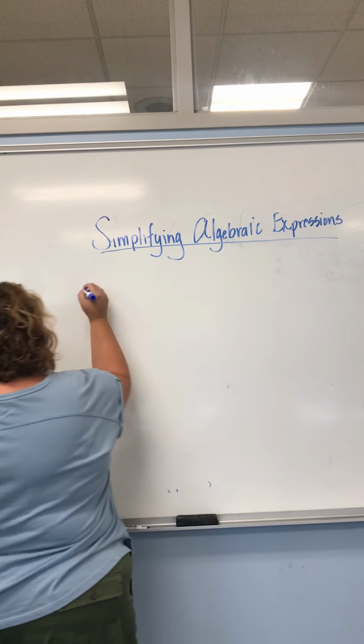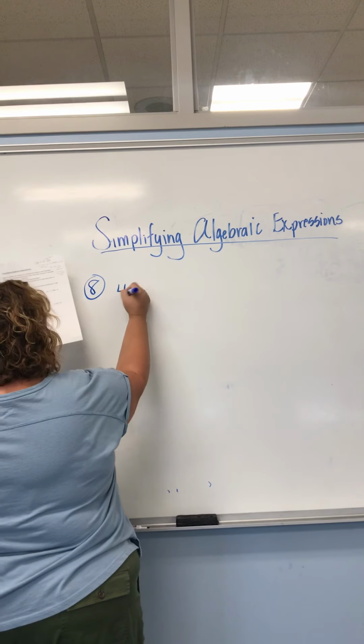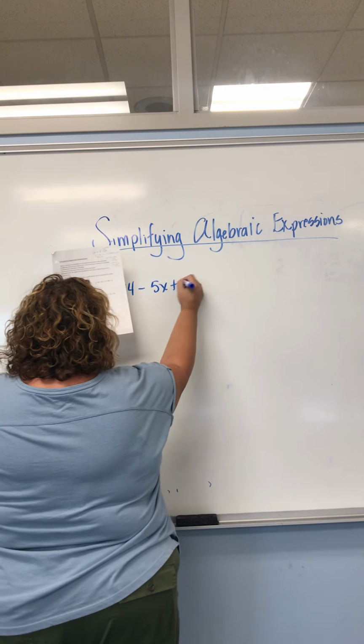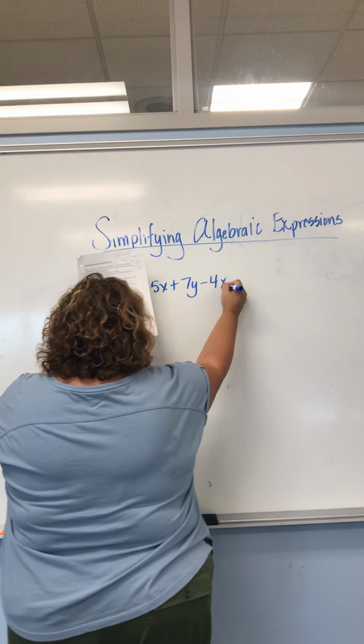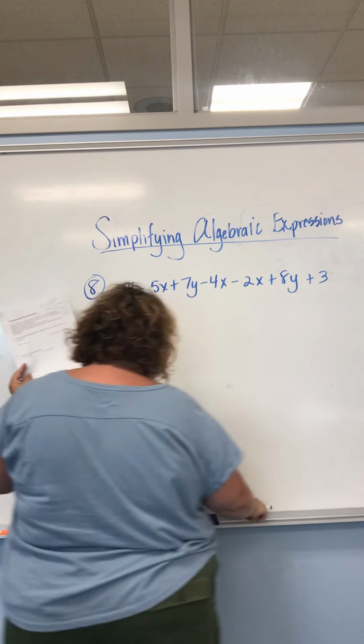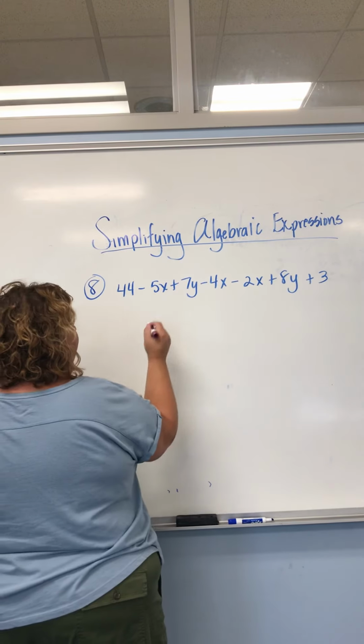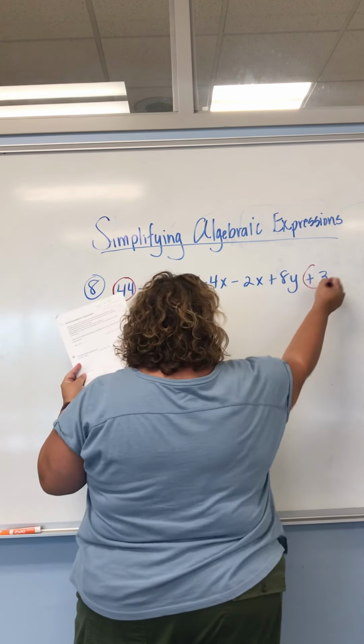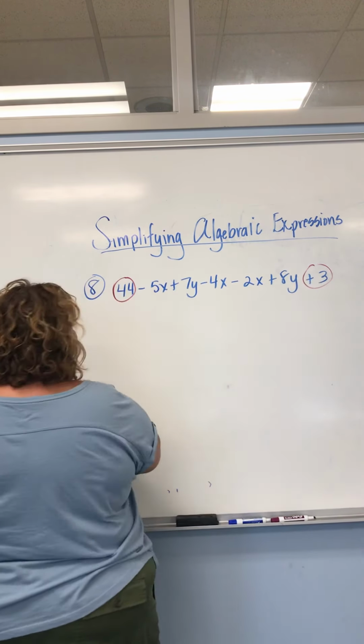Number 8. This is a long one. 44 minus 5x plus 7y minus 4x minus 2x plus 8y plus 3. Like terms. I have constants. I have x's.